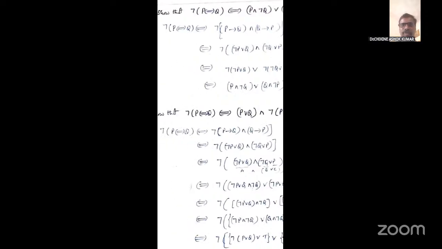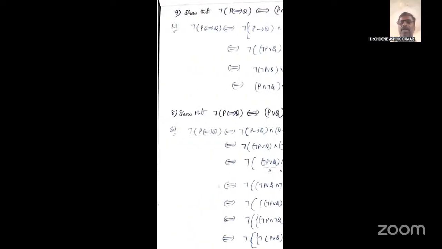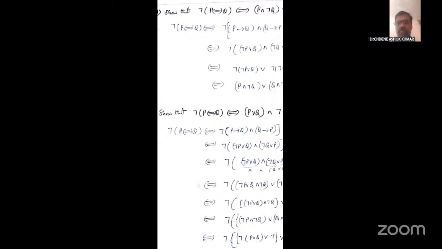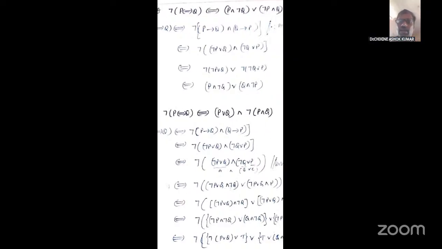So what is the difference between example 7 and example 8? Example 7 is show that negation of P double implies Q, its answer is product of sums. Union will become sum, intersection means product.